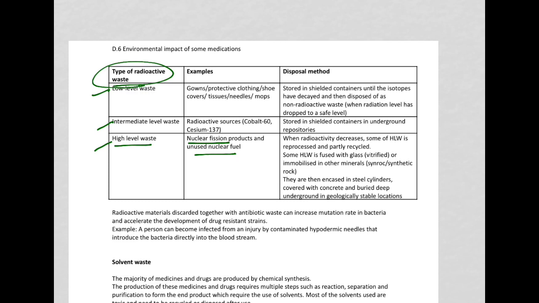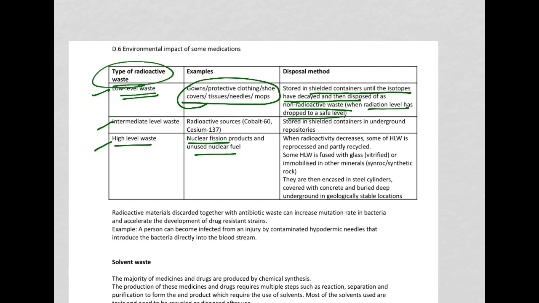Low-level waste includes gowns, protective clothing, and shoe covers, right? These are disposed into shielded containers until the isotopes have decayed, and then disposed as non-radioactive waste when the radiation level has dropped to a safe level.